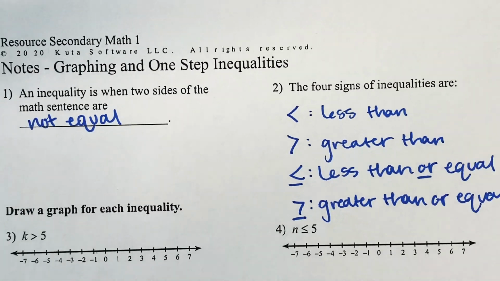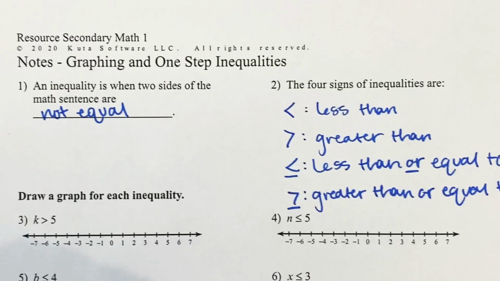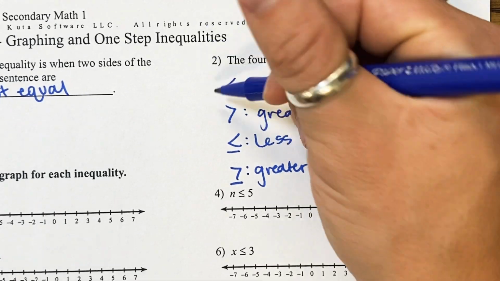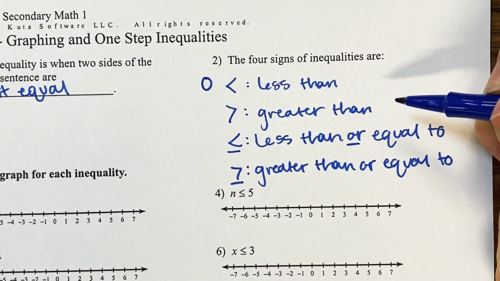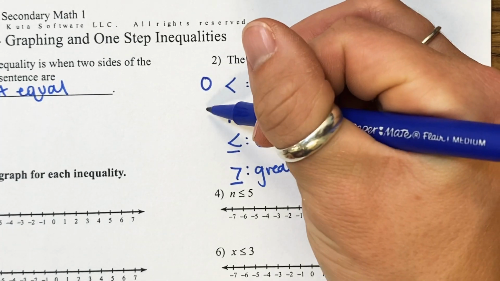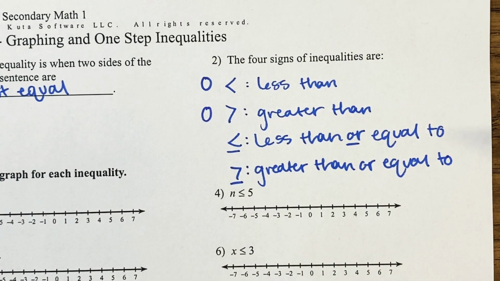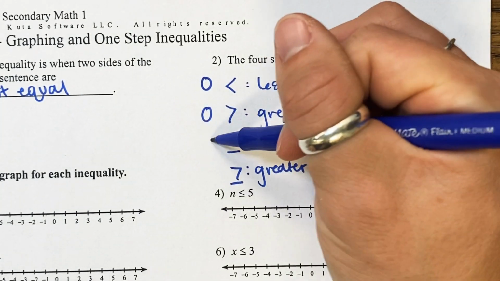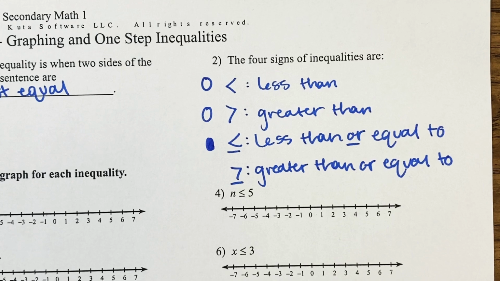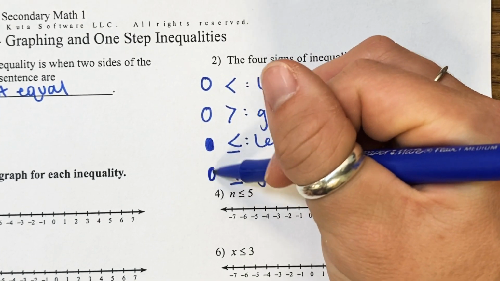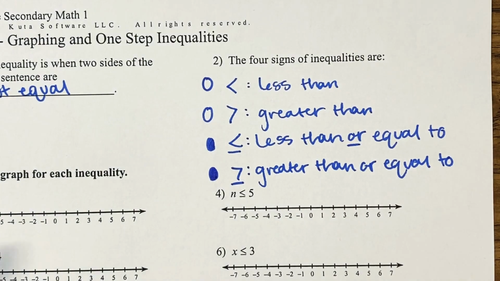So let's do it over here, where we just defined these. Next to just our less than, it's going to be an open dot. Not a 0, it's an open dot, and I'll tell you what that means in a second. Just a greater than, open dot. Less than or equal to, if it has that little extra line, it is a closed dot. And then greater than or equal to, extra little line, so another closed dot.